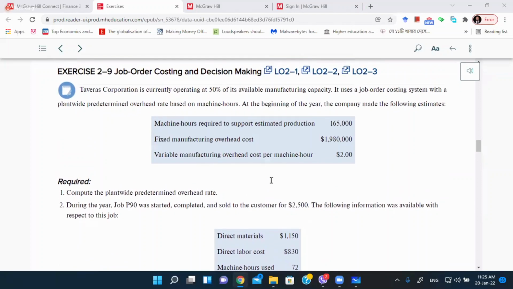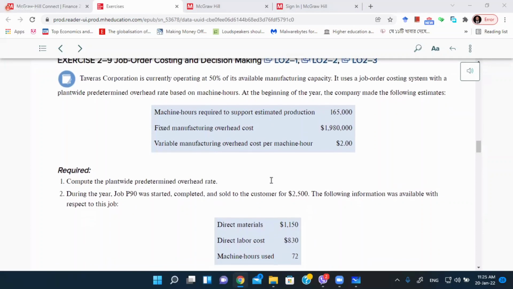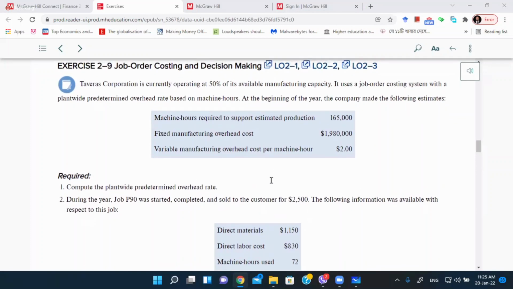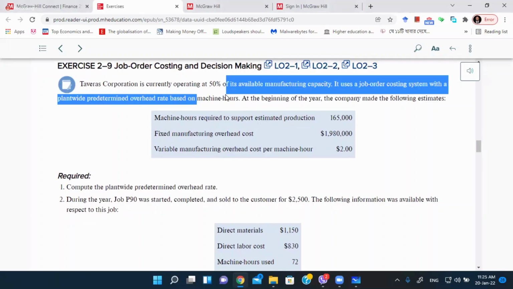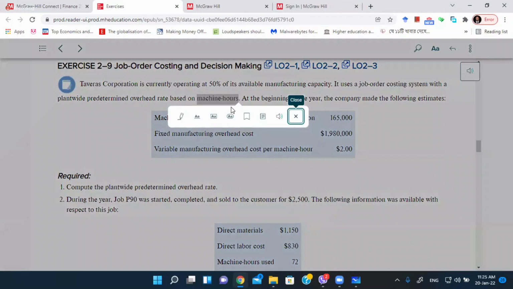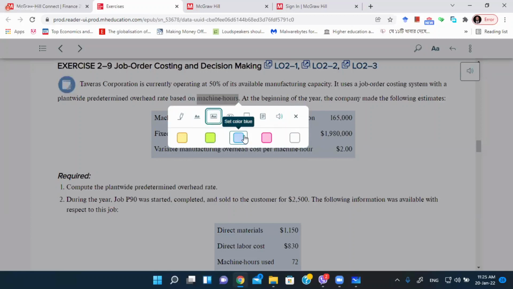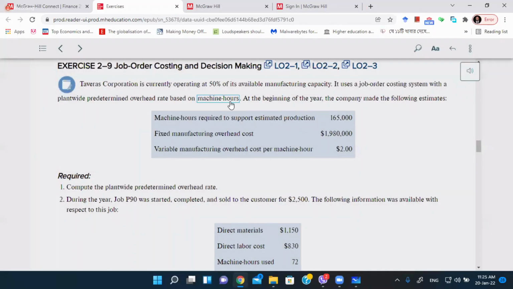Okay. So we'd like to make some calculations first, but before that, I'd like to highlight something. We have got some information that machine hours is an activity base.